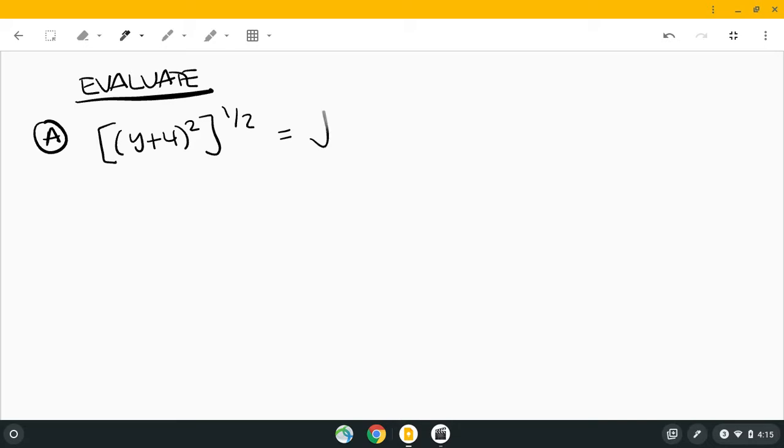This is like saying the square root of y plus 4 squared. The square and the square root cancel, and we're left with y plus 4. But don't forget, since we're doing square roots, we do need the absolute value.